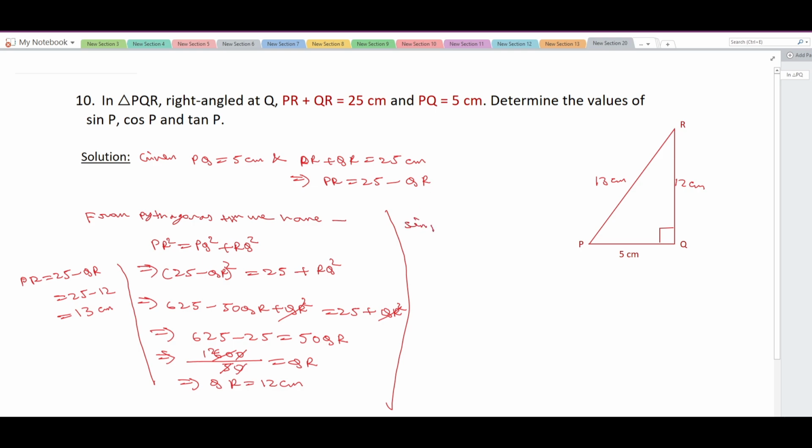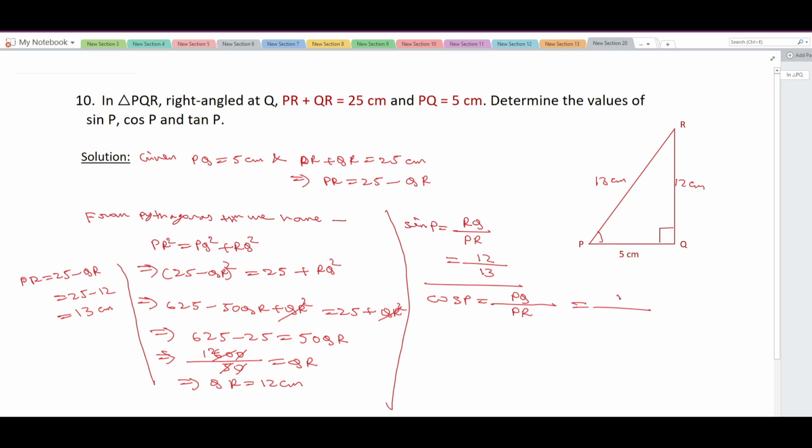So sin P equals RQ by PR. Here RQ equals 12, PR equals 13. Cos P equals PQ by PR.